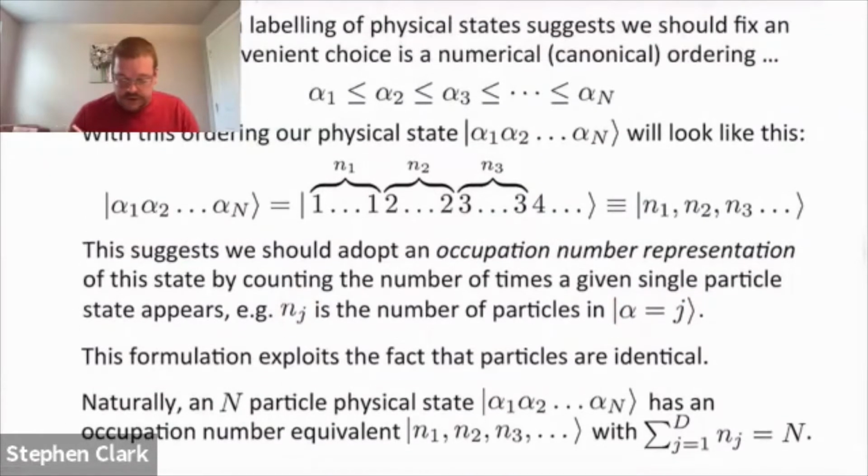Okay, good. So naturally, if you add up all of the occupation numbers, they should add up to n because we had n particles. But in principle, that's a number that could be varied as you wish. Whereas this thing had n different indices, the n was kind of fixed in the state. This same representation can be used for any number of particles because the number of particles is just a constraint on what the sum is.